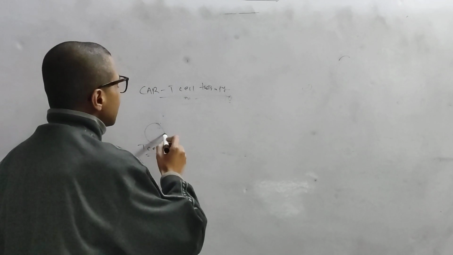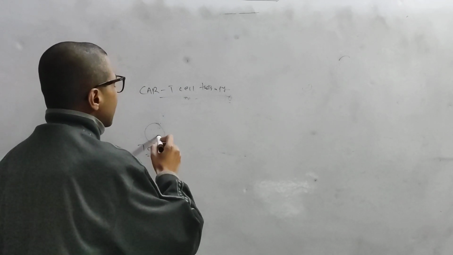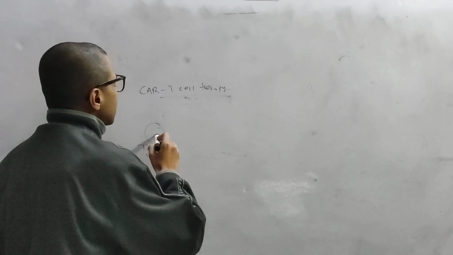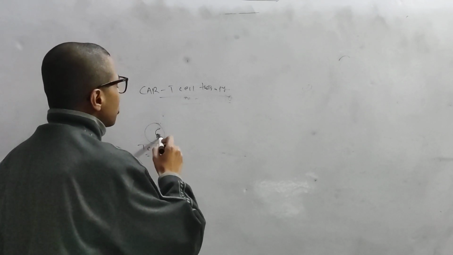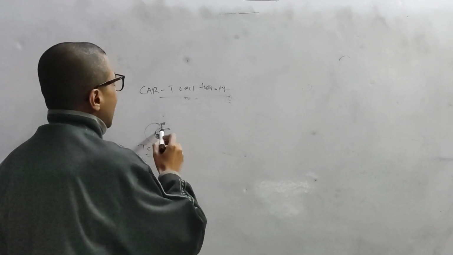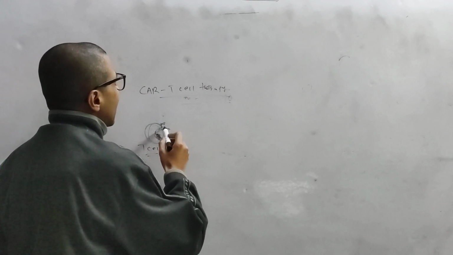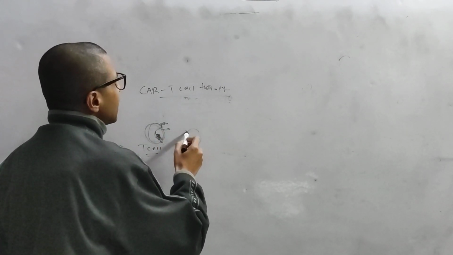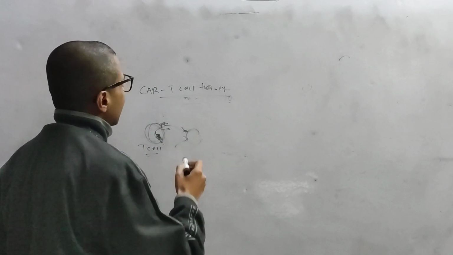We genetically engineer and we give some antigen to them, meaning we modify the DNA to express that antigen. So it expresses that antigen receptor, and when this is now injected inside the patient's body, it finds the antigen on the cancer cells and attacks and kills them.